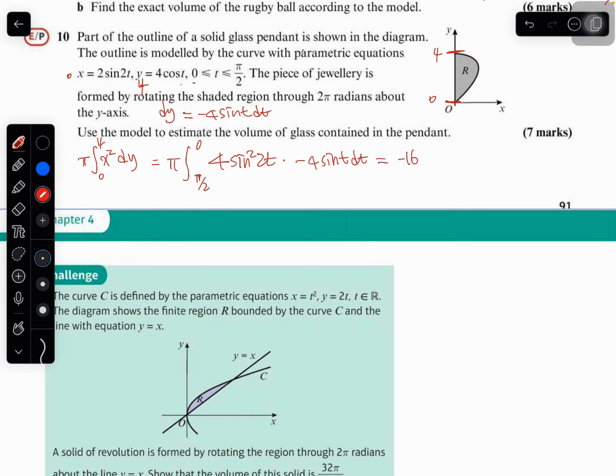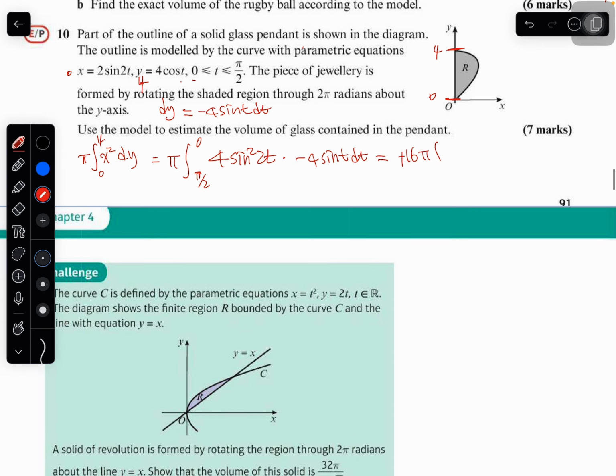So negative 16. So let's change the boundary, pi over 2. So sine squared of 2t, and y has sine t. So let's make it consistent. So sine double angle, 4 sine cube of t cos squared of t dt.